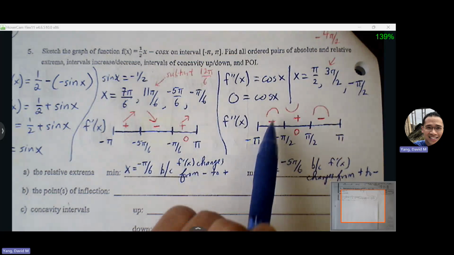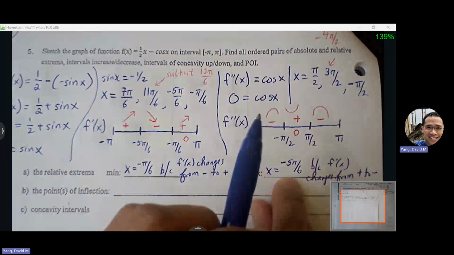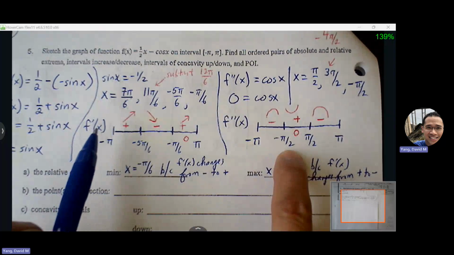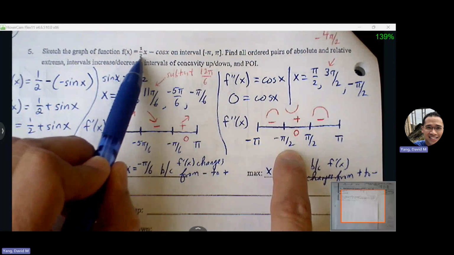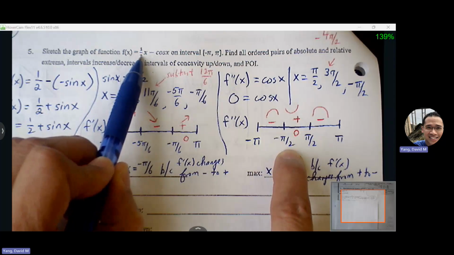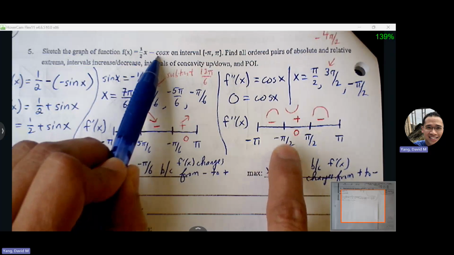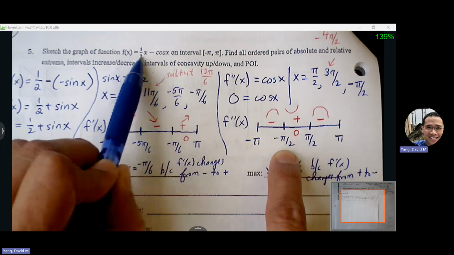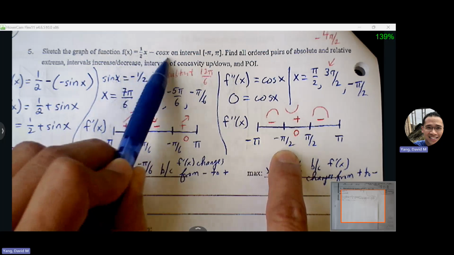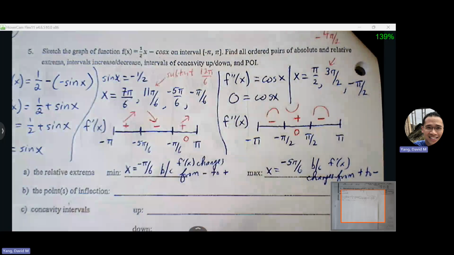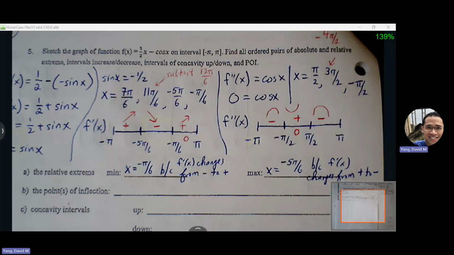Okay, are we okay here? So let me find the ordered pair just to get that out of the way. So negative pi over 2, and for x into the original function, I get negative pi over 4. Cosine of negative pi over 2 is the same thing as cosine of 3 pi over 2, which is going to be 0. So 1/2 times negative pi over 2 minus 0 is negative pi over 4.